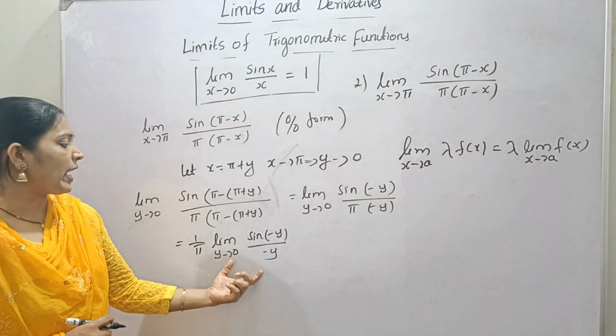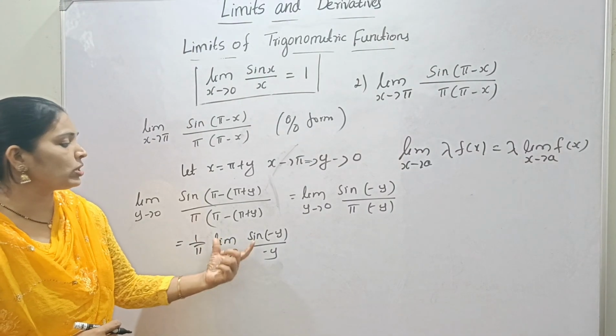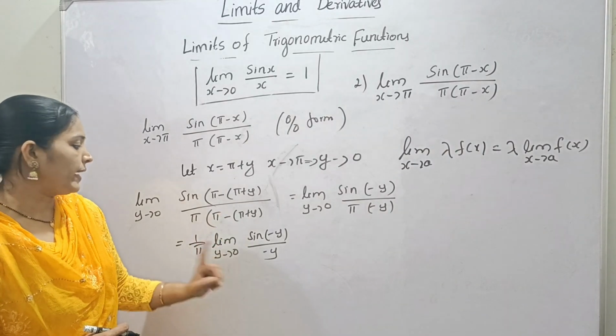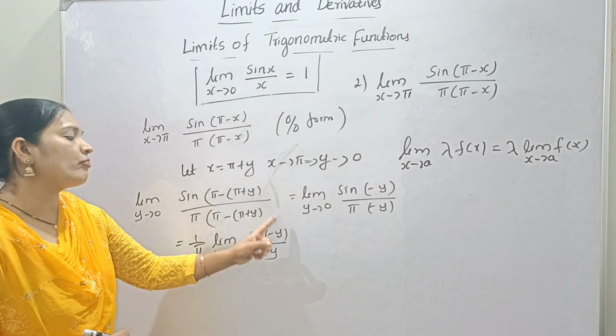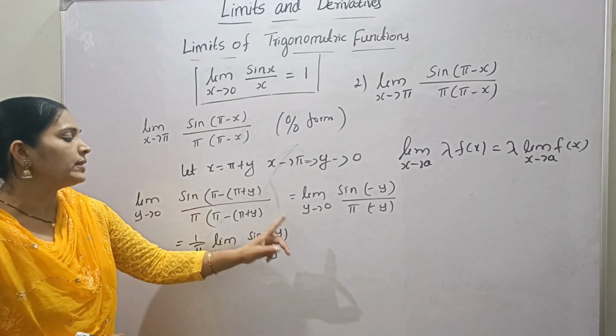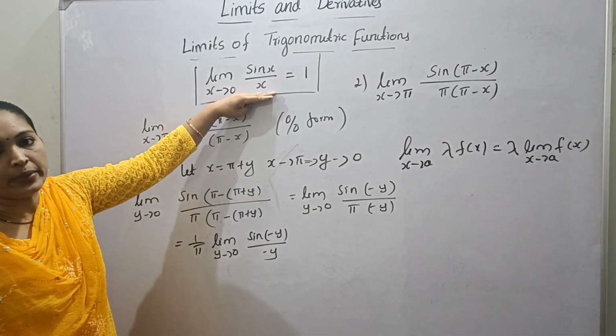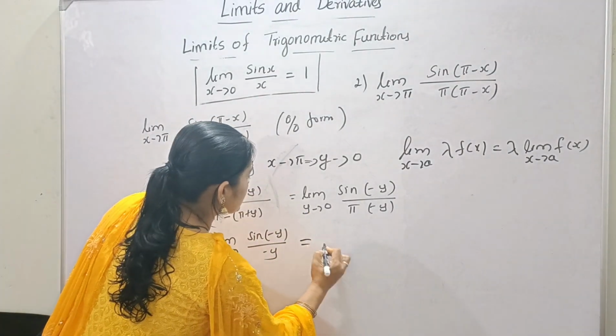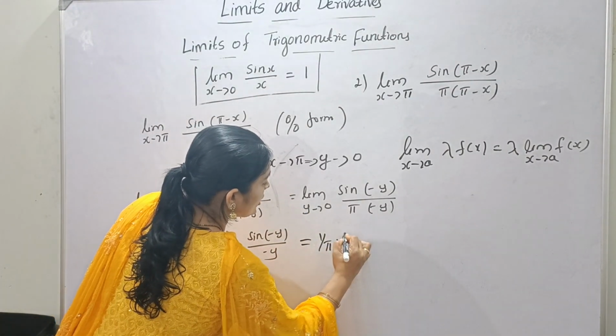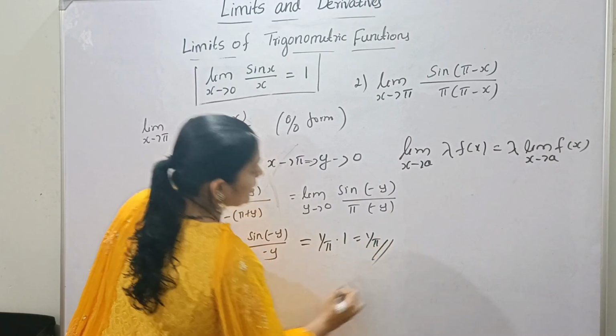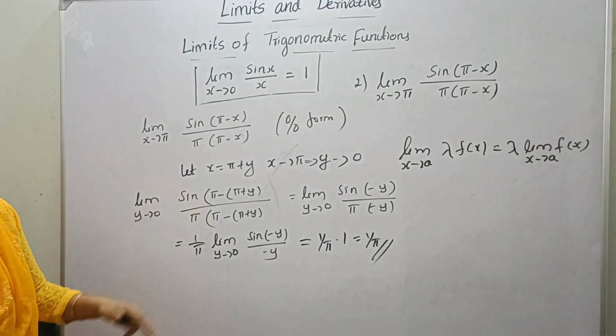The value of this limit is 1, right? Limit y tends to 0 of sine of minus y divided by minus y is 1, because it is of the form of this standard limit. So it is equal to 1 by pi into 1, that is 1 by pi. So 1 by pi is the limit of this function.